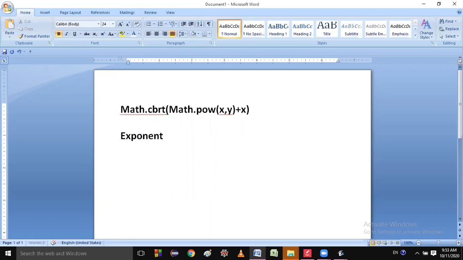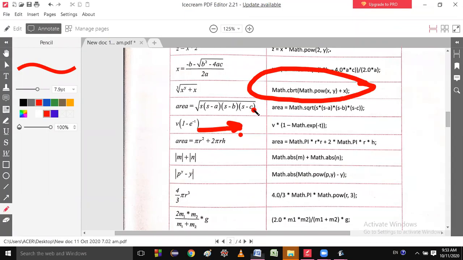It is represented by e, and there is a function for exponent in Java, exp. Math.exp is a static function, so you will call it as Math.exp, and you will just write minus t the power. Is it clear?